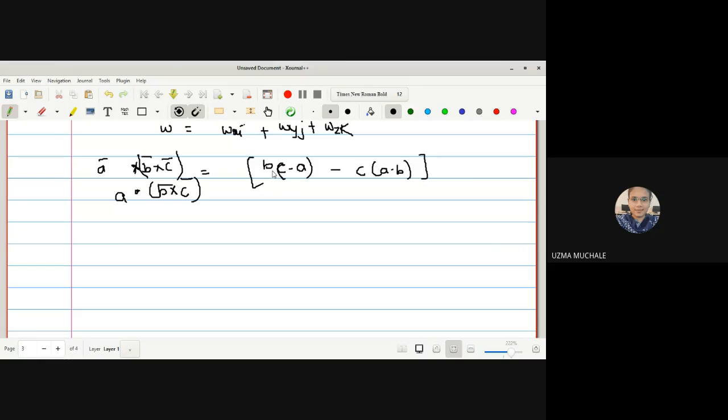That is, A cross B cross C can be written as B dot C times A minus C dot A times B. Suppose the cycle is completed like this: this is vector A, this is B, and this is C.